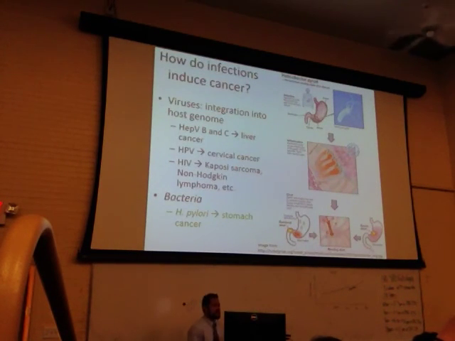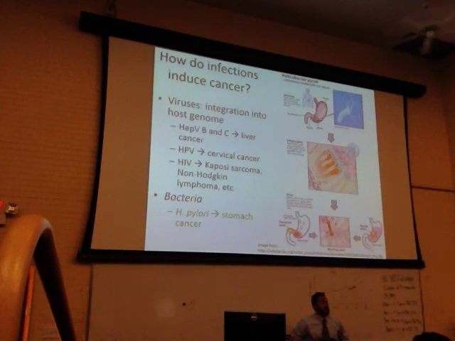Infections, viruses and bacteria. So here's a list for us to look at. The hepatitis virus, both B and C, causes damage to the liver and causes inflammation to happen within the liver. That increases the risk of long-term liver cancer in patients that have chronic hepatitis.